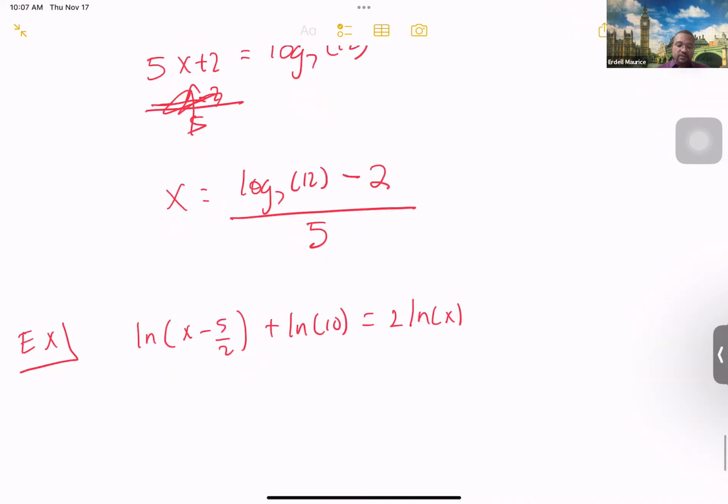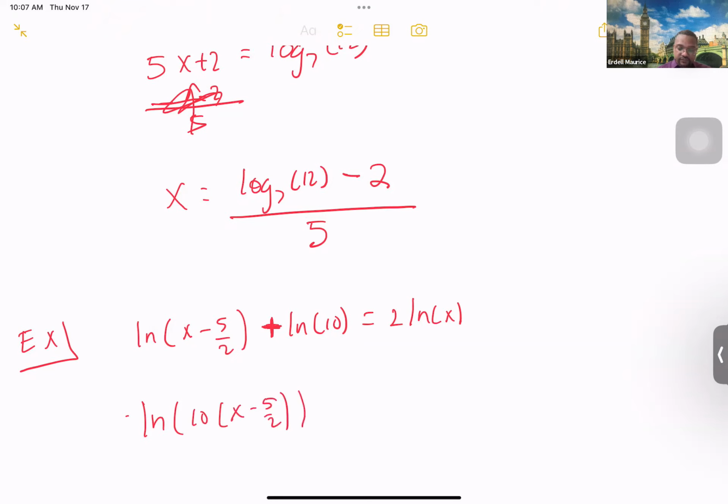And so what that means is that we have to remember that the plus sign means to multiply. So that's going to be ln of 10 times (x minus 5) over 2. And again, the power rule says that the 2 comes to the top, so it's going to be ln of x squared.